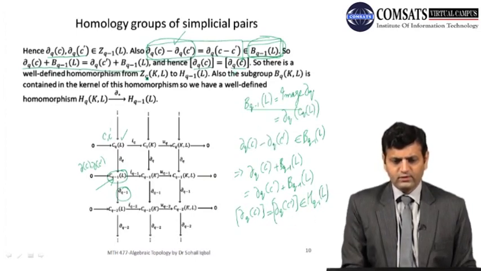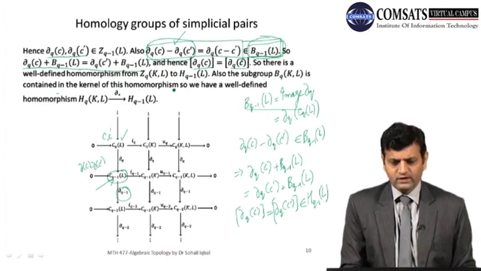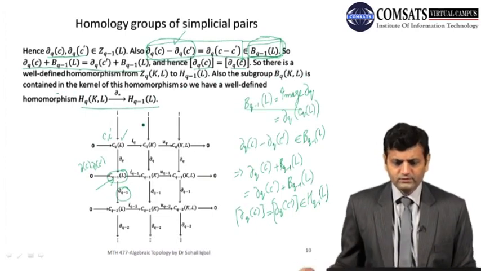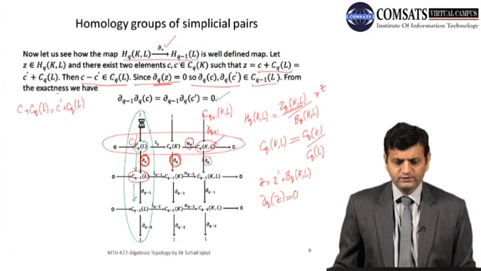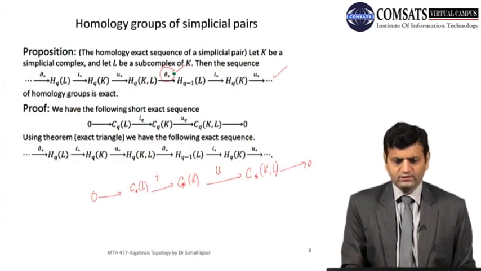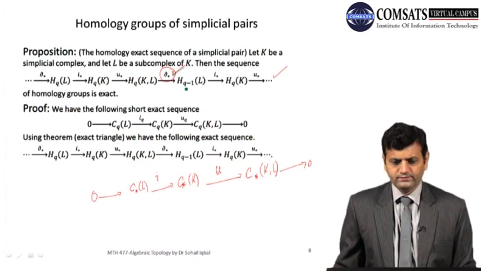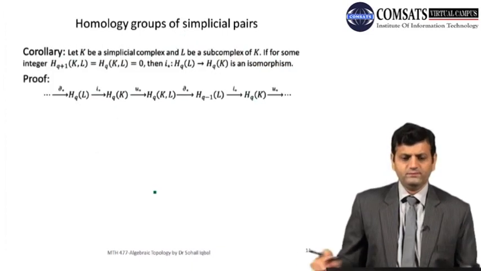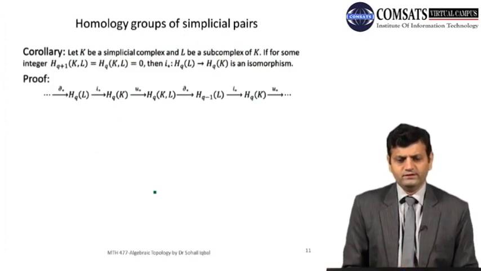So there is a well-defined homomorphism from Z_q(K,L) to H_{q-1}(L). Also the subgroup is contained in the kernel of this homomorphism, so we have a well-defined homomorphism. That's how we have this map which was given in the statement of this theorem. This is well defined.